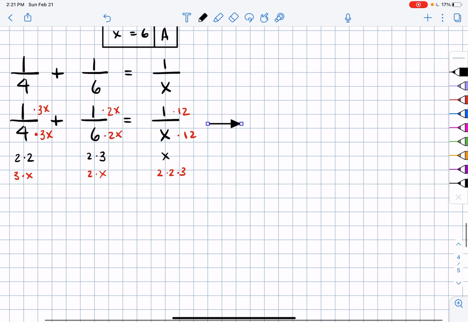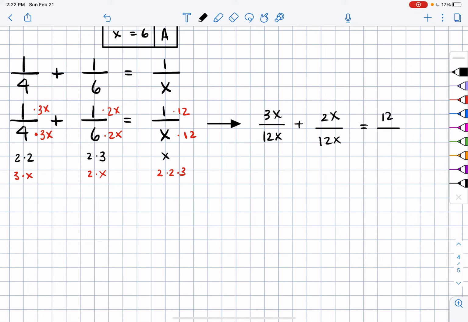So I'm going to get a 3x over a 12x plus 2x over a 12x is equal to 12 over a 12x.